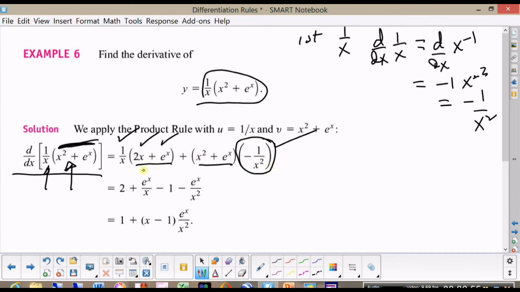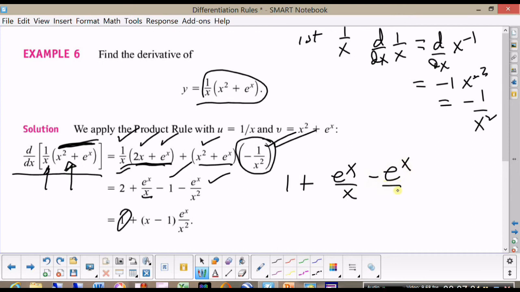So now, multiplying out 1 over x times what's in parentheses, we get 2 plus e to the x over x. Then x squared plus e to the x, times minus 1 over x squared, is minus 1 and then you get minus e to the x over x squared. And finally, you get 1 plus e to the x over x minus e to the x over x squared.